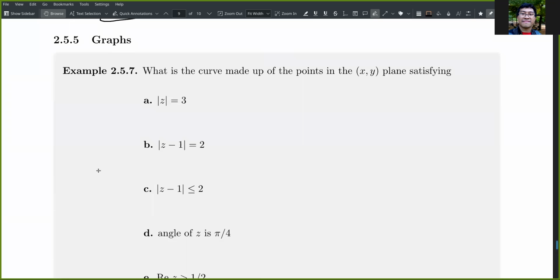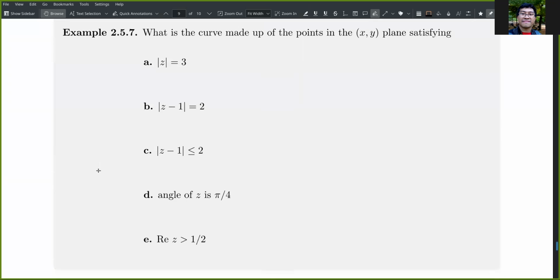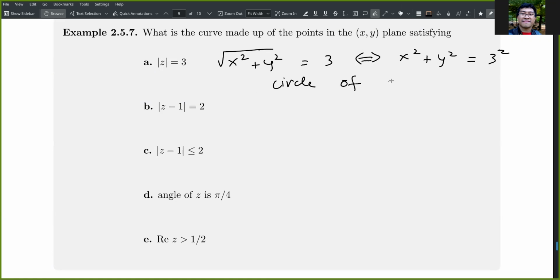Okay, now let's look at graphs of some complex numbers. If you have absolute value of z equals 3, this means that the square root of x squared plus y squared equals 3, or x squared plus y squared equals 3 squared. This plot is a circle of radius 3. How about this one?